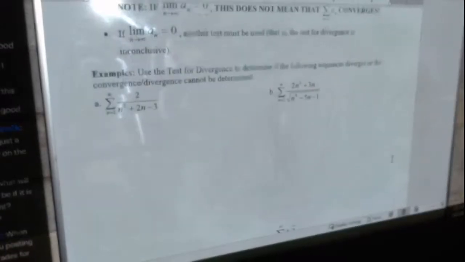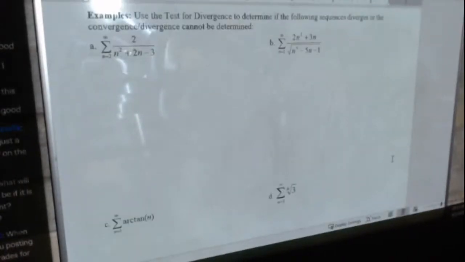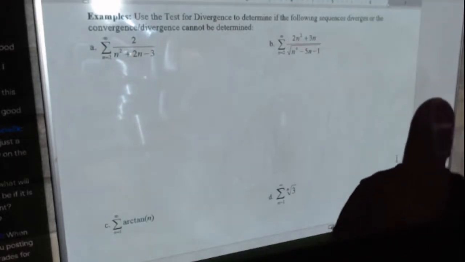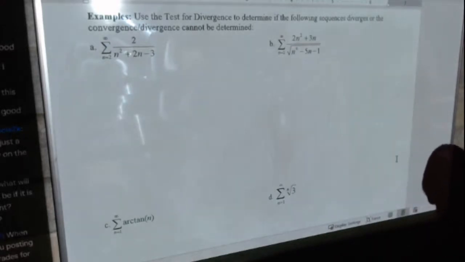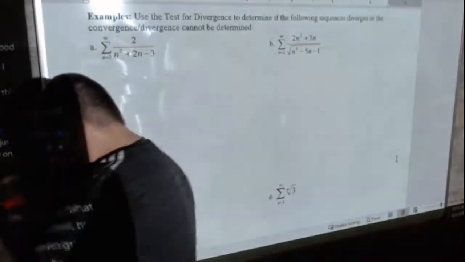So let's go ahead and try some of these. So this first one is 2 over n squared plus 2n minus 3. So again, I just want to take the limit as n approaches infinity.